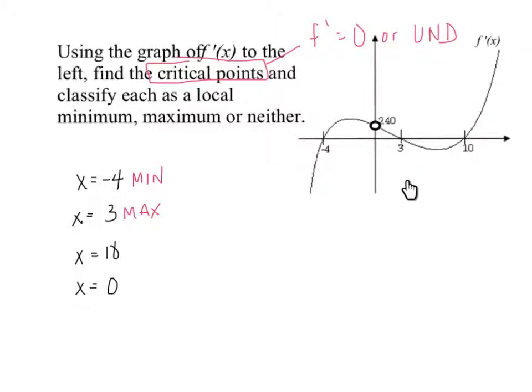So think of functions decreasing, then increasing. You know that that was a minimum. And at 0, it didn't change signs. It just is an undefined spot. So 0 would represent neither a max nor a min.